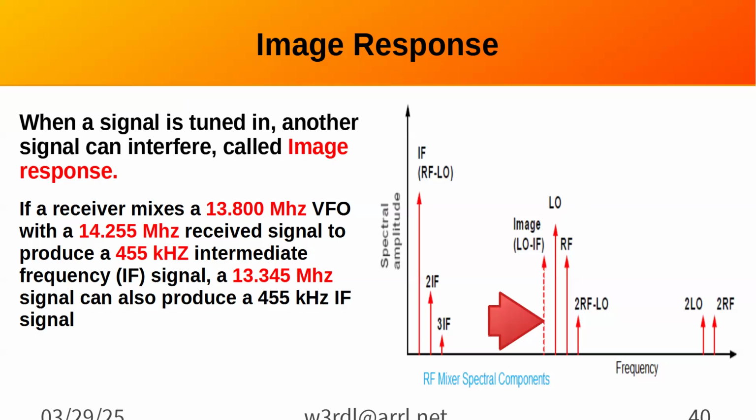So the difference between those supposedly is 455 kilohertz. That looks about right. But if you had another signal at 13.345, it would also mix and generate a 455 IF signal. So if you don't have a very selective front end, you're going to get those two signals, one on top of another.